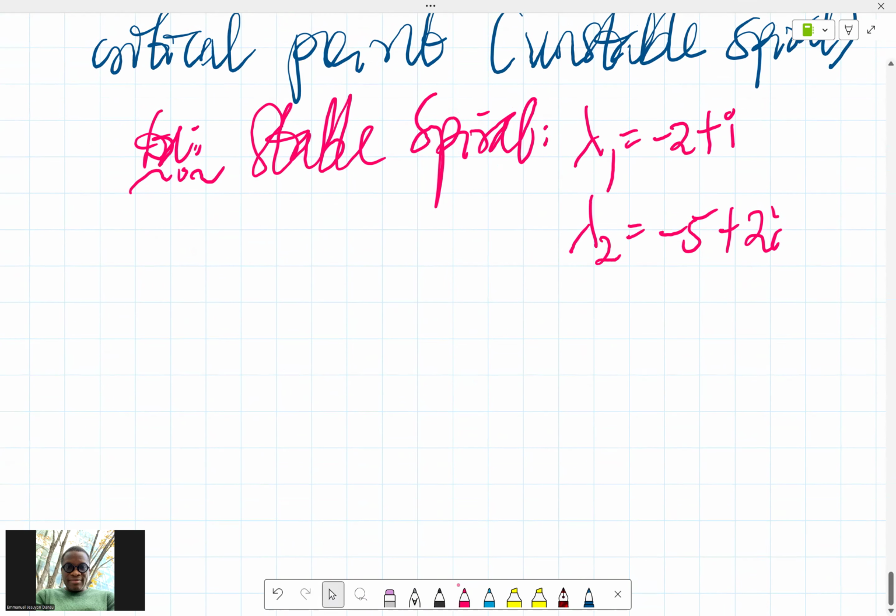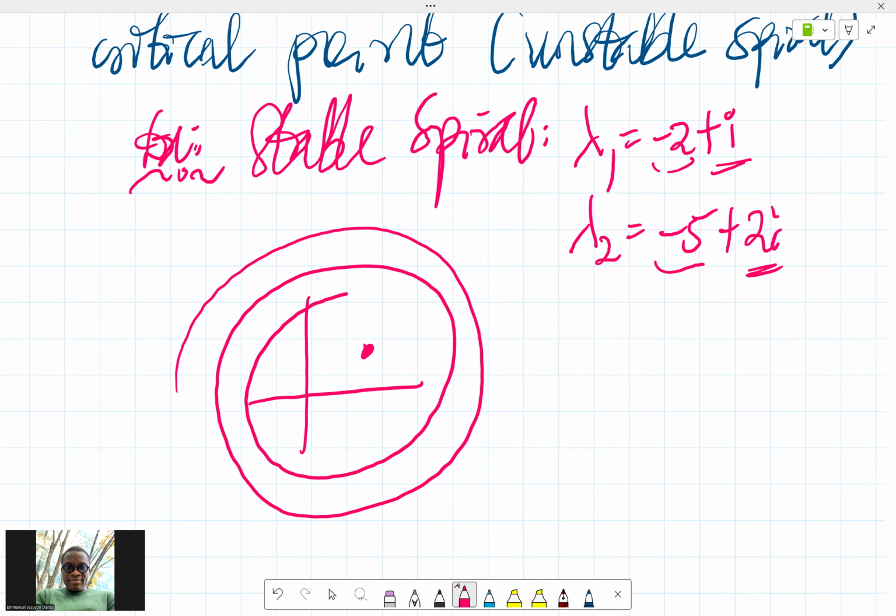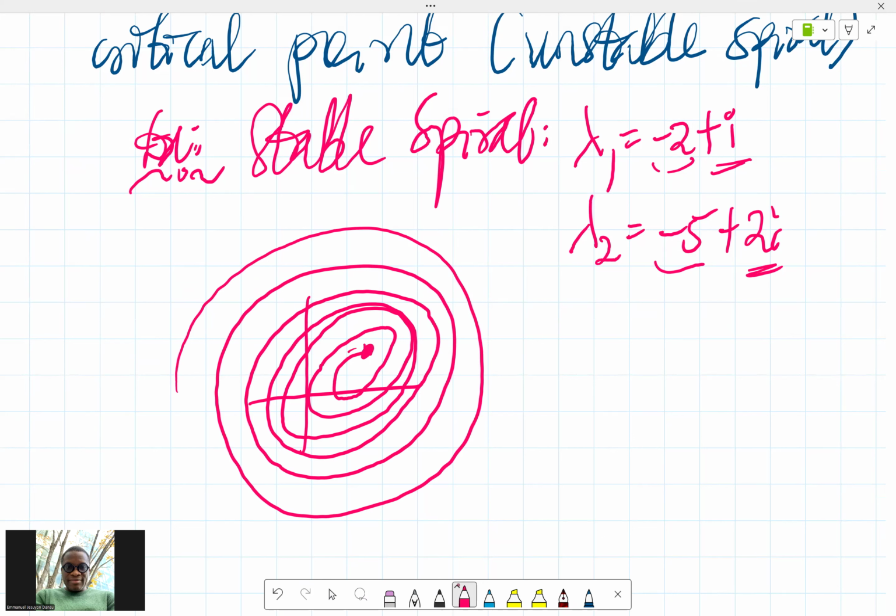Imagine that this is the critical point. Because we have complex parts, we are talking about spirals there. And because both the real parts are negative, the spiral is moving into the critical point, coming from outside.